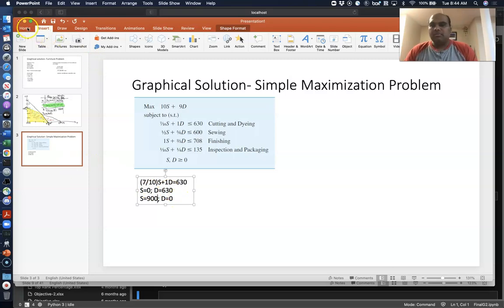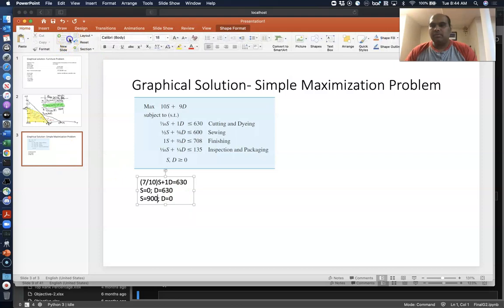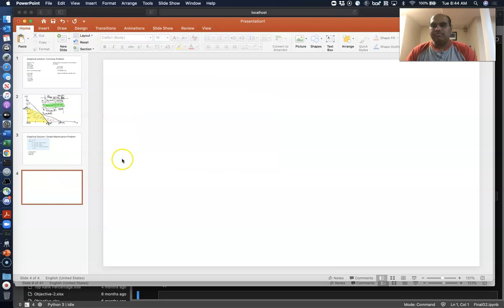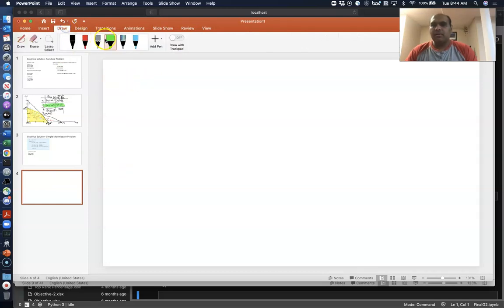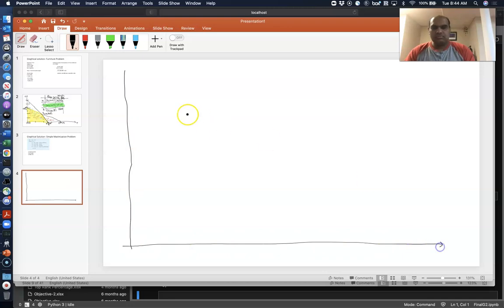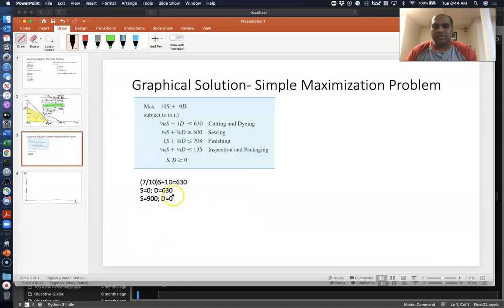So let me begin here. Okay. So this is the s-axis, this is the d-axis, right? So on the s-axis, it's 0 comma 630, then 900 comma 0. Those are my numbers.